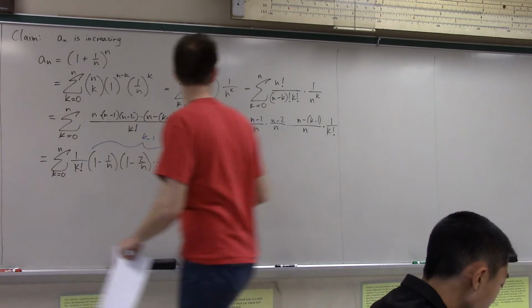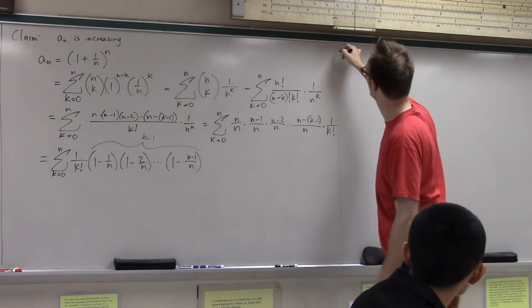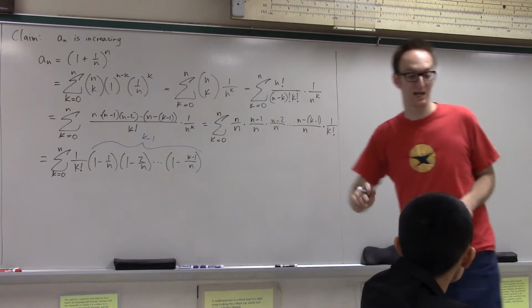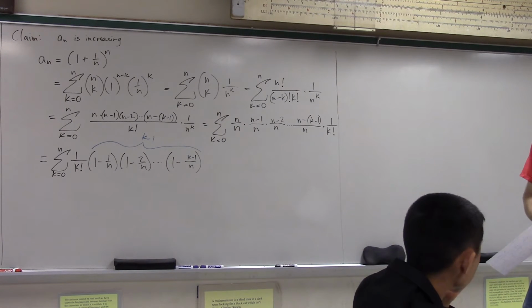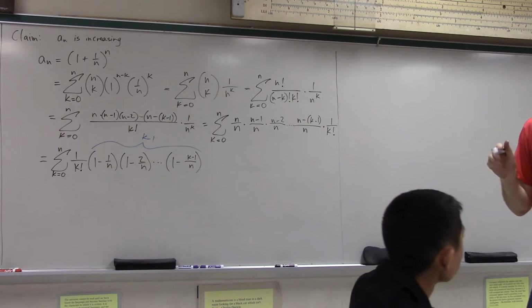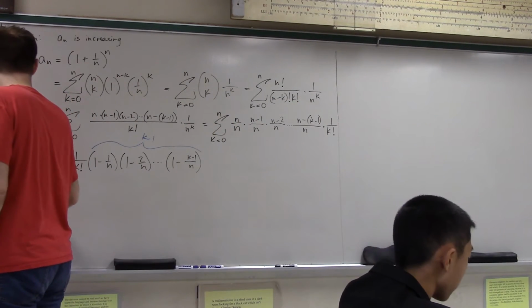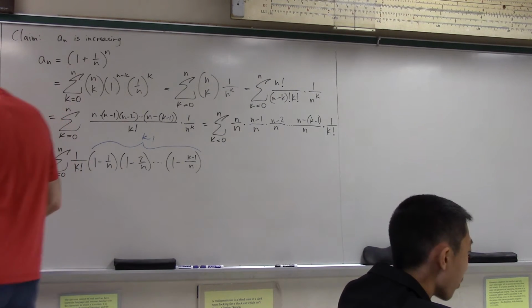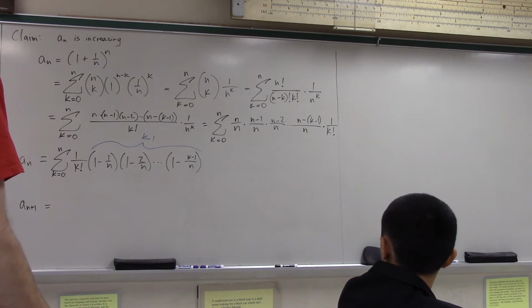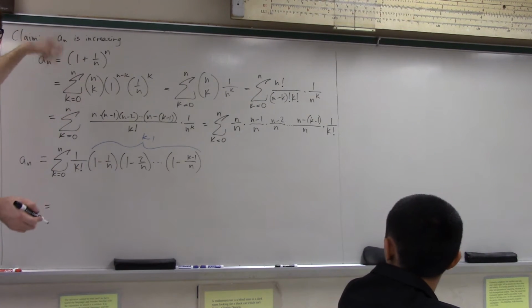Claim, well, actually, before I make the claim, I'll just write what I'm trying to do. I'm trying to show that the sequence is increasing. To show that it is increasing, I should consider the next term. So this is a sub n. What does a sub n plus 1 look like? Well, it's just the same thing, but now everything goes up a number.